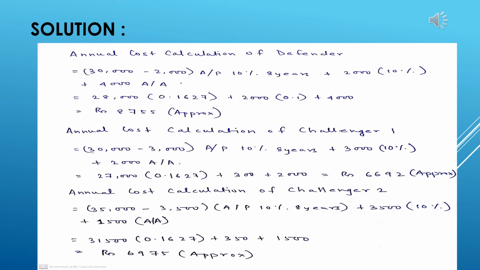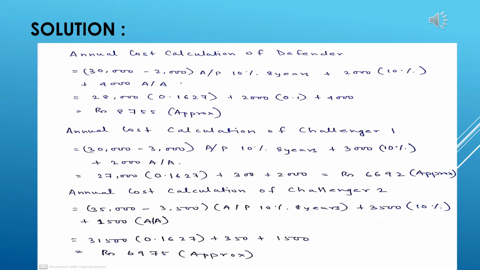Method number 2 is what I have taken into consideration. I have taken the initial value to be the present cost of the machine, or the effective first cost of the machine, and I have deducted the salvage value from that effective first cost. Here in case of the Defender, 30,000 is the effective first cost of the machine, and salvage value, as I have already mentioned, is an income, so it needs to be deducted.